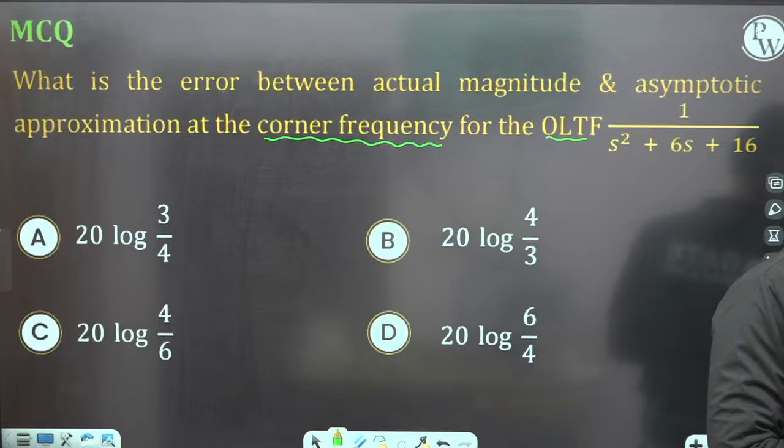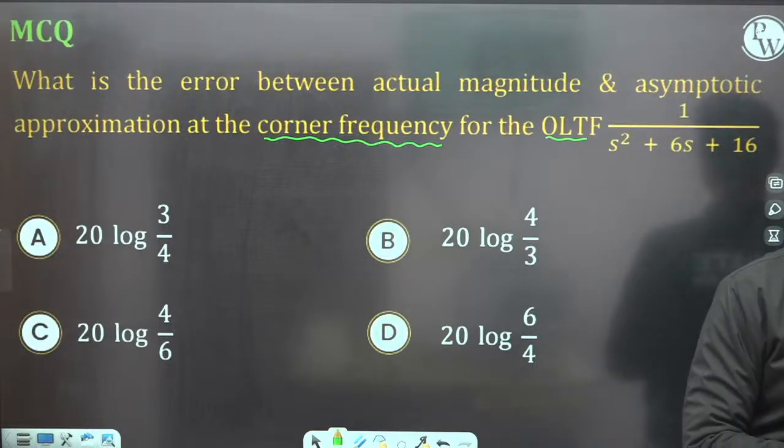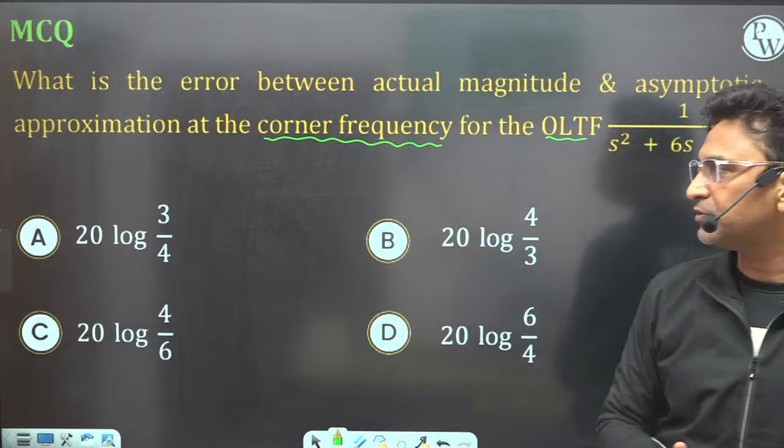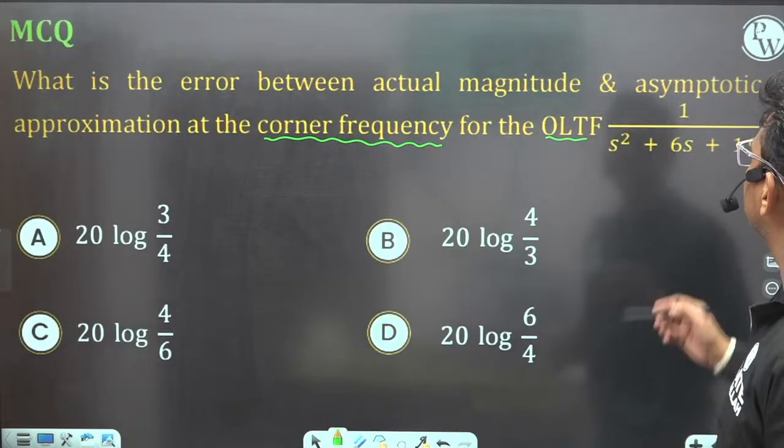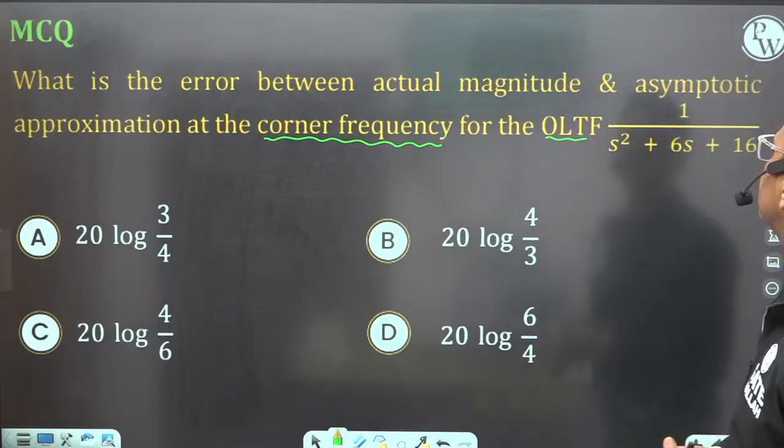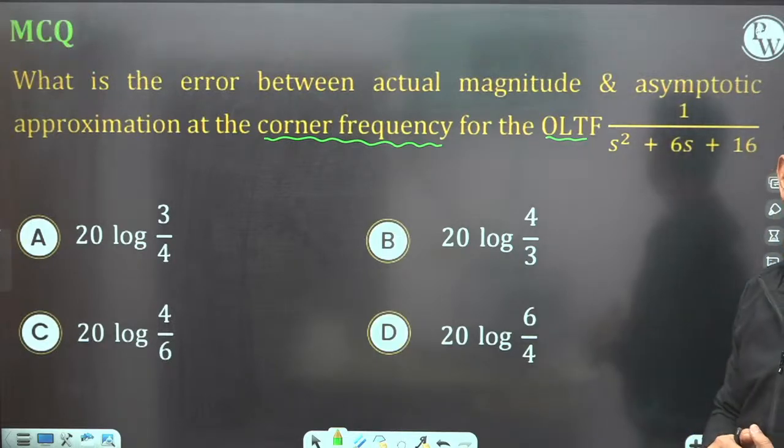How to find out the error? What is the approximate asymptotic Bode plot of an open loop transfer function which has complex conjugate poles?